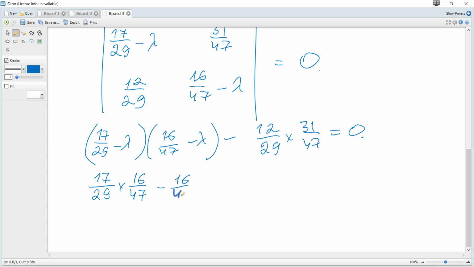Minus 16 over 47 lambda minus 17 over 29 lambda plus lambda squared minus this product.